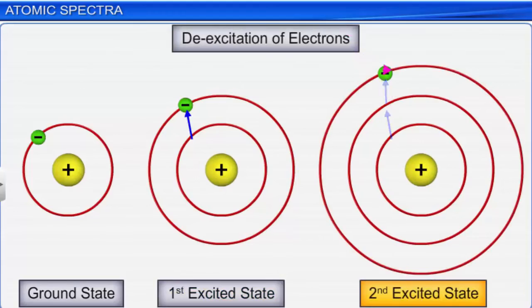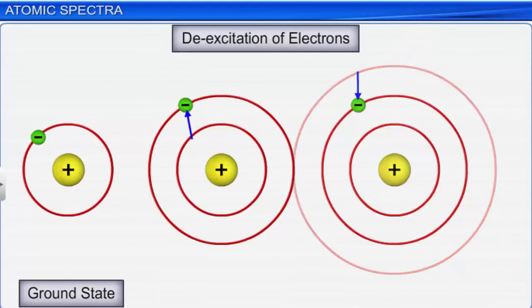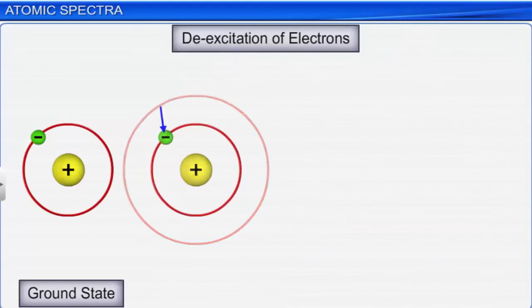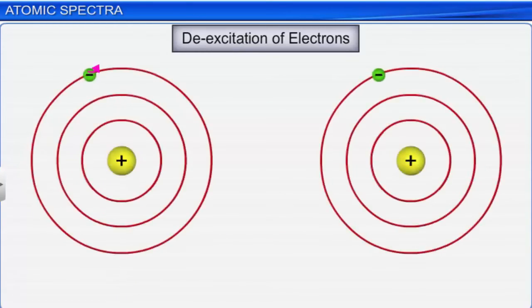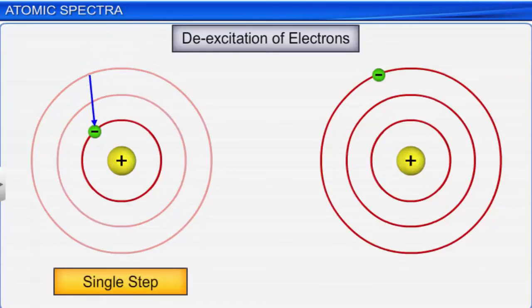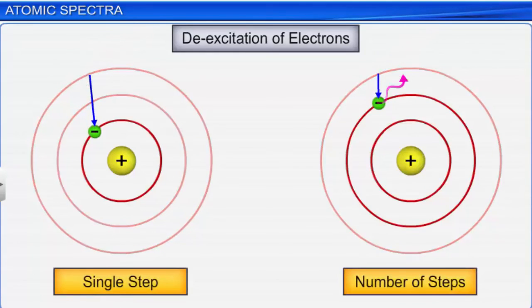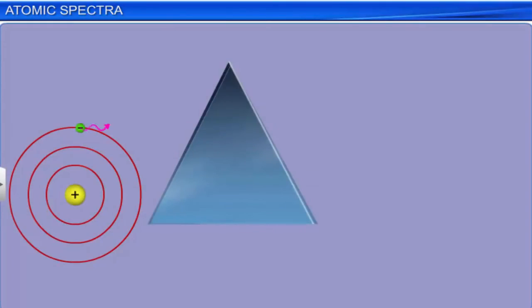As the atoms are unstable in their excited state, they tend to revert to their original state, called ground state, by emitting the same amount of energy that they had absorbed earlier. This energy can be emitted in a single step or in a number of steps.